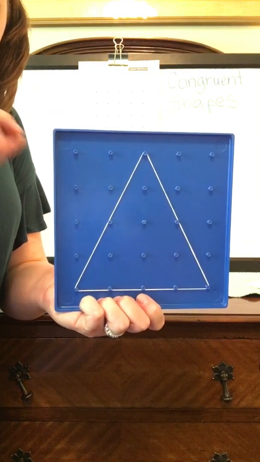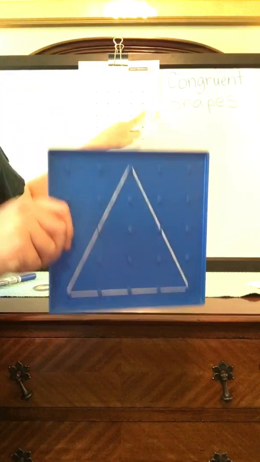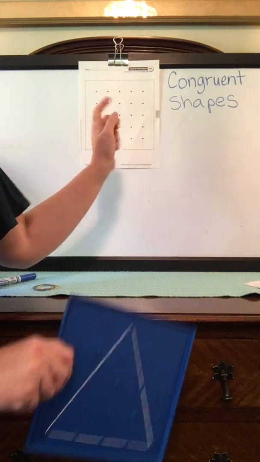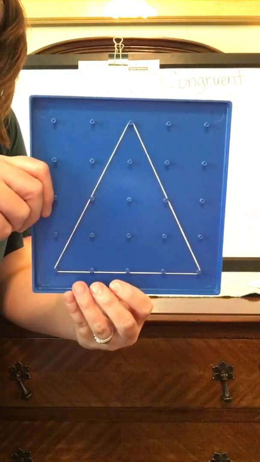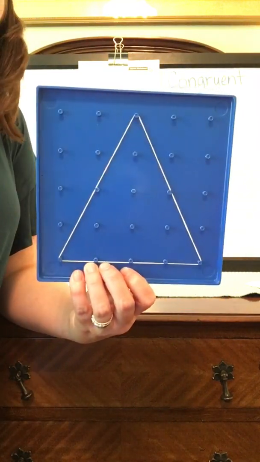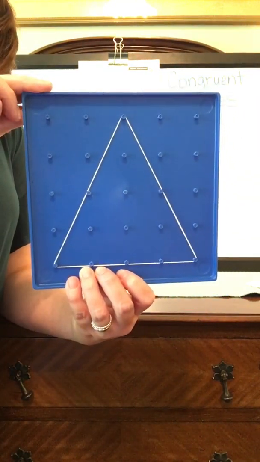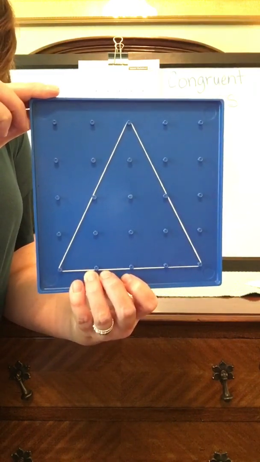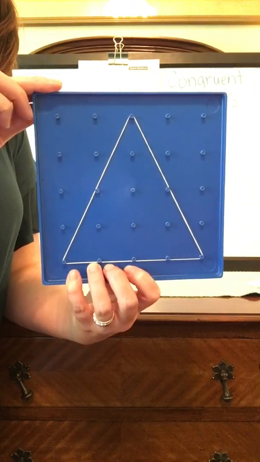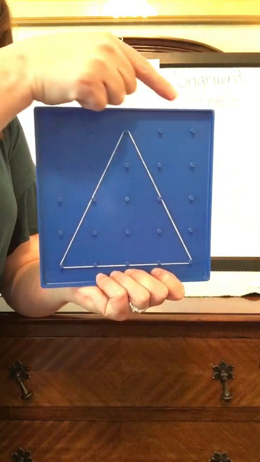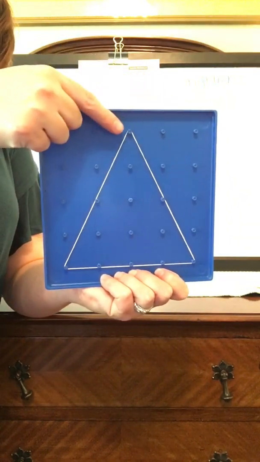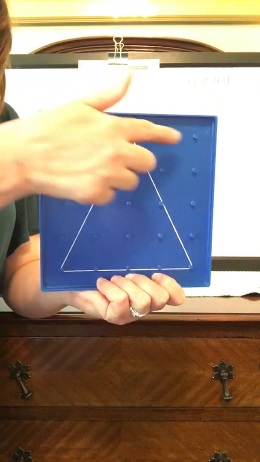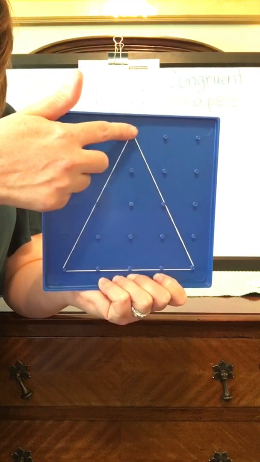All right, I want you to look really closely, boys and girls, at my board. I'm going to ask you on your paper to draw a congruent triangle, or one that is exactly the same. The best way to do that is to look at the points and count. The top of my triangle is on the top row, the third one in.